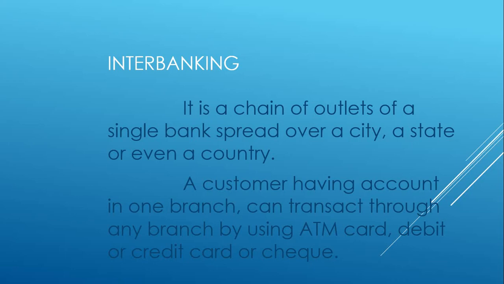So there will be different banks. One bank will have different branches in one city, one state, or in a country. And the customer who has an account in one branch can transact through any branch by using his ATM card, debit card or credit card, or even a check. That is called interbanking.